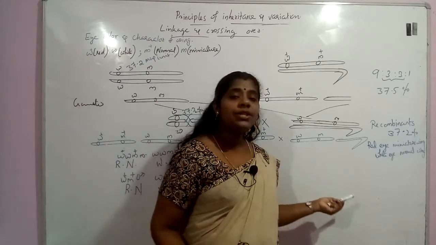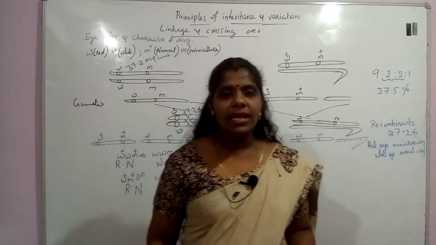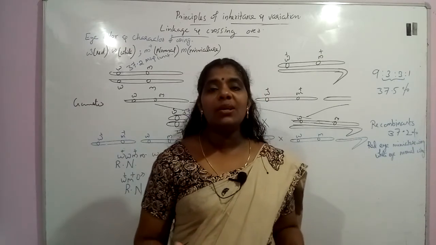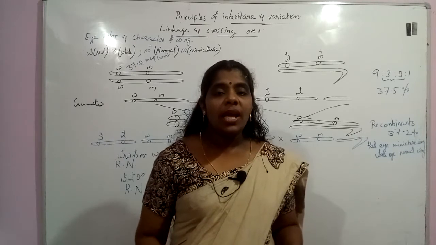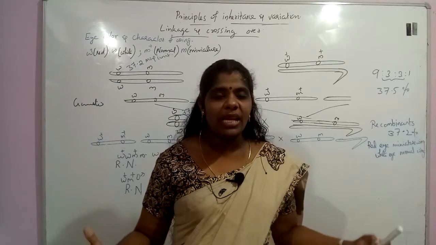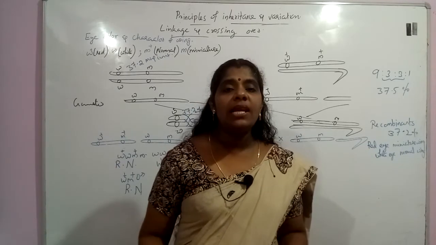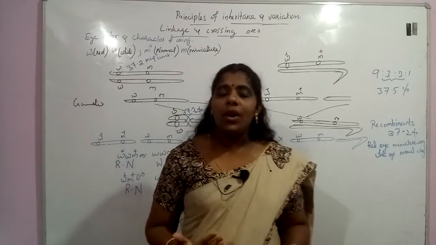Here 372 show the non-parental combination. So it is very clear these two genes are loosely arranged, not closely linked. The recombination frequency is more as they are arranged far apart. When linkage comes down, recombination frequency goes up.